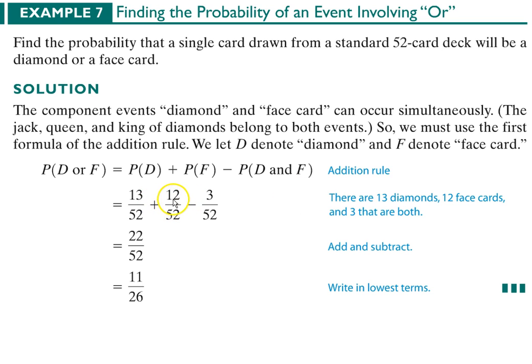But 3 of those face cards would be diamonds that we're already including in the 13 here, so they would have to be subtracted. So you end up then with 22 over 52, which reduces to this. Again, for example 7, be sure you're showing the work, because part of the work may be a quiz question, and then what the answer is.